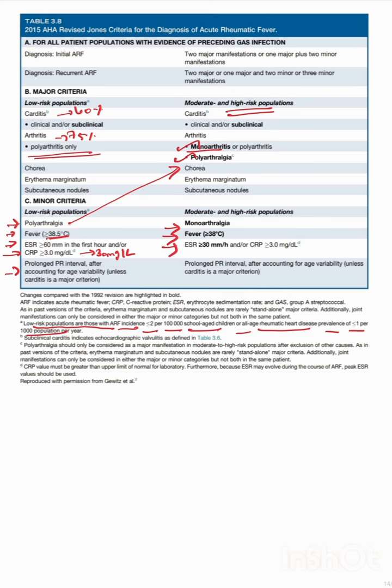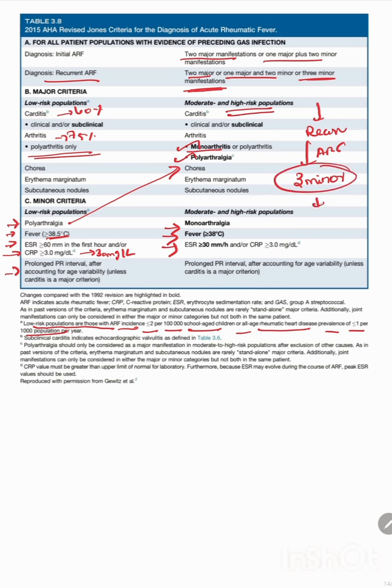So next, for the initial acute rheumatic fever, there should be two major criteria or one major plus two minor criteria. Whereas in recurrent rheumatic fever, the same: two major, one major plus two minor, or three minor manifestations. Remember, if the patient is having a recurrent episode of acute rheumatic fever, three minor criteria itself is enough to make a diagnosis of acute rheumatic fever.